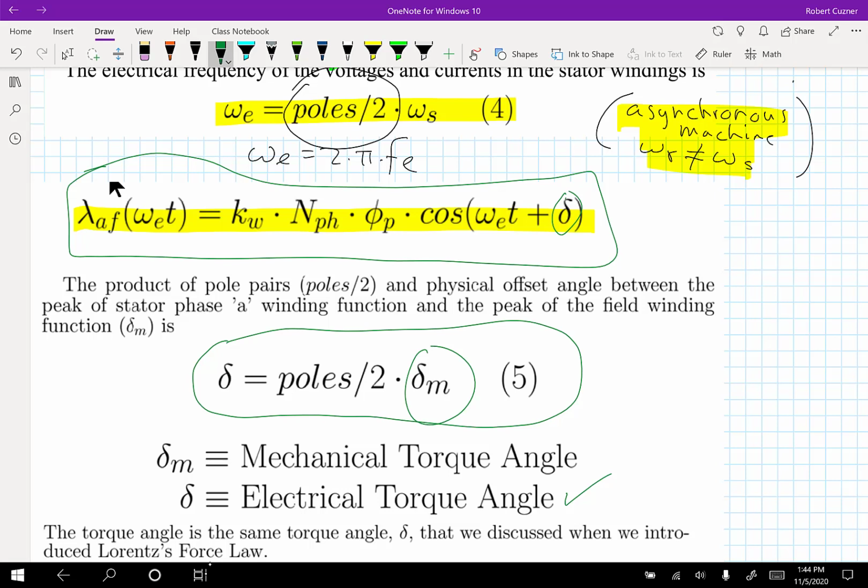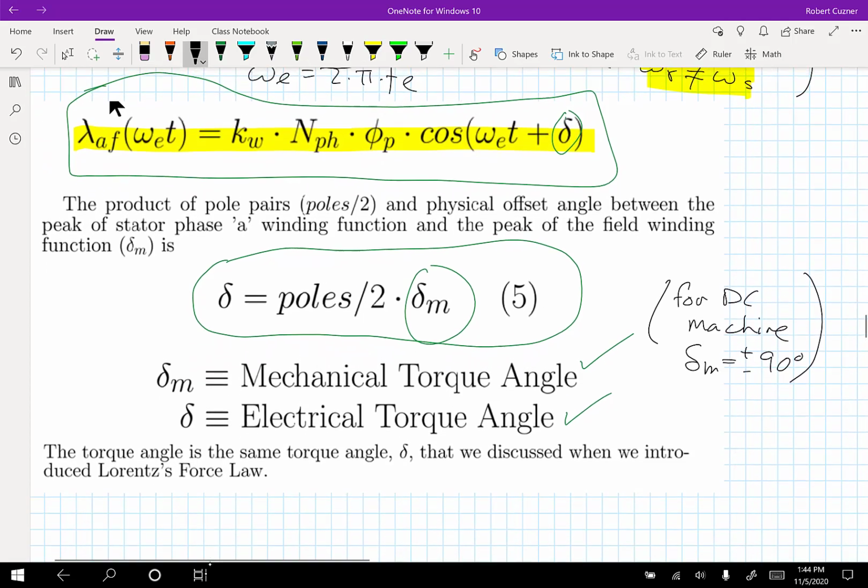Prior in chapter 3, module 4, we talked about mechanical torque angle. That would be the del M. This is the same mechanical torque angle that, parenthetically, for the DC machine, the del M was plus or minus 90 degrees, fixed by the mechanical structural design of the motor.